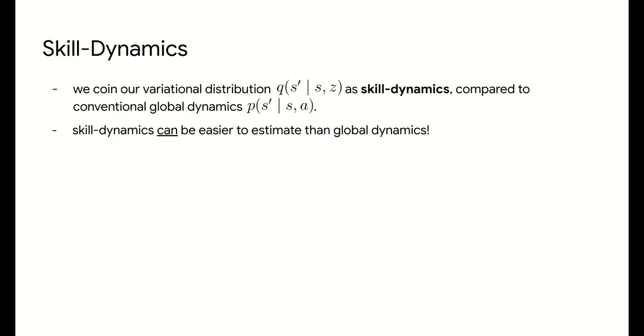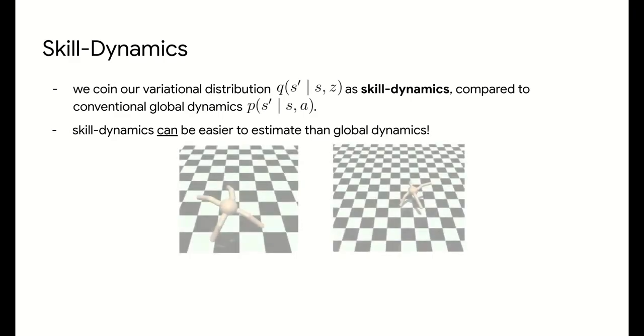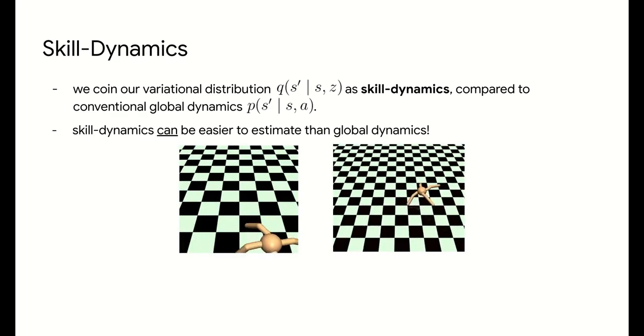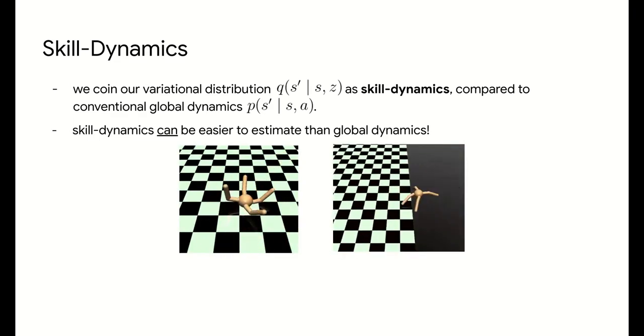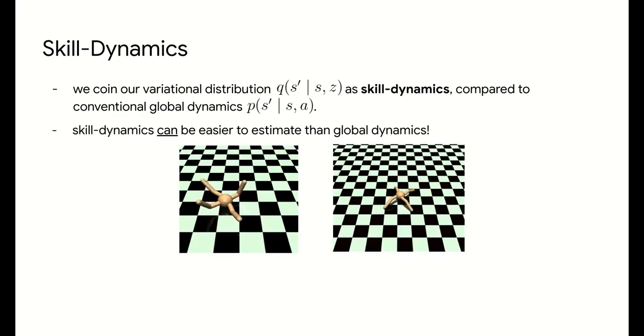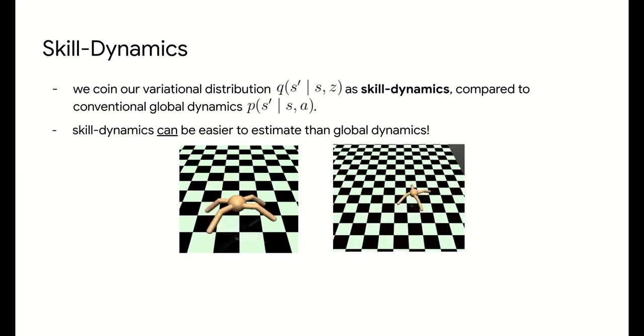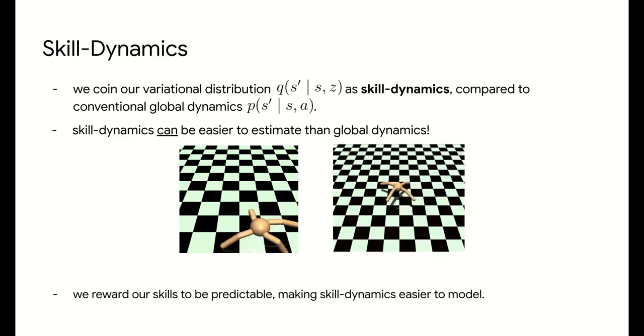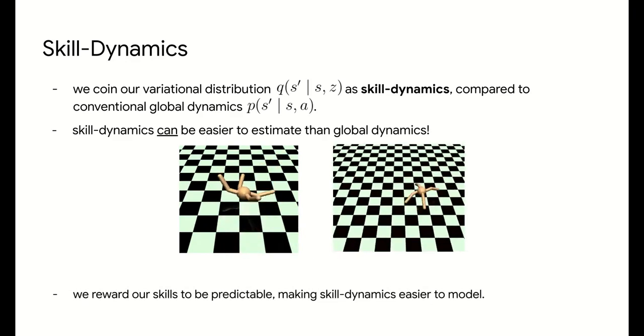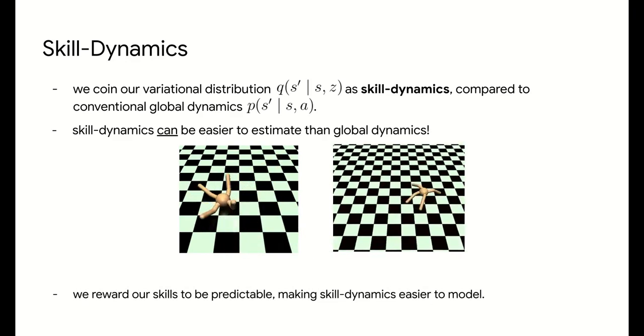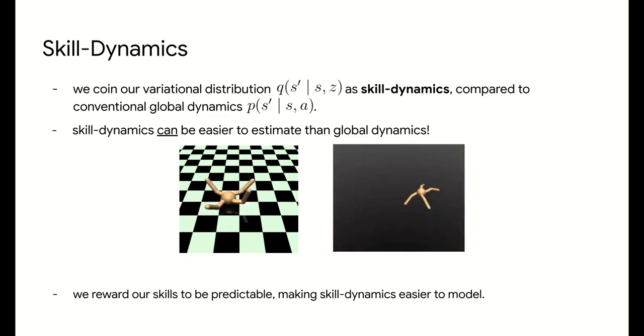To see that, let's revisit the example from earlier. While the global model will have to model the dynamics for all behaviors, such as the one on the left, skill dynamics may only have to model relatively simpler behaviors, such as the one on the right. This is especially the case for our setup, where we are rewarding our skills to be predictable and thus easy to predict dynamics for.